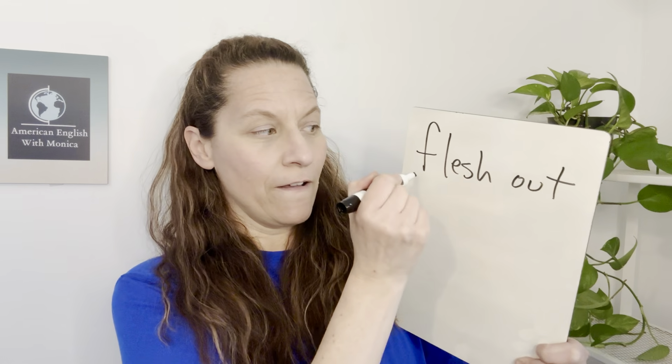Now, the word flesh, just so you know, means skin, the flesh of something. It can be skin on a person. If I get burned from the sun, I have a sunburn on my flesh or my skin. But it also means the skin on a piece of fruit, for example.